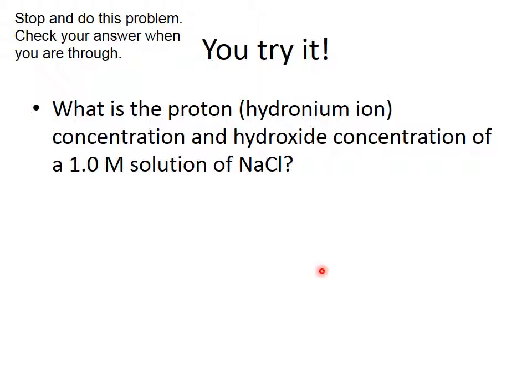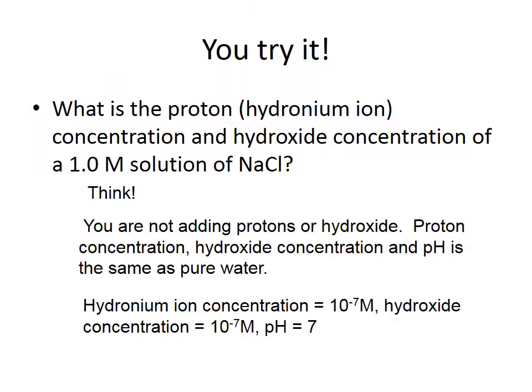What are the proton concentration, which is the hydronium ion concentration, and the hydroxide concentration of a 1 molar solution of sodium hydroxide? If I look at this, what does sodium hydroxide make in water? It just makes sodium ions and hydroxide ions. You're not adding protons and you're not adding hydroxide.